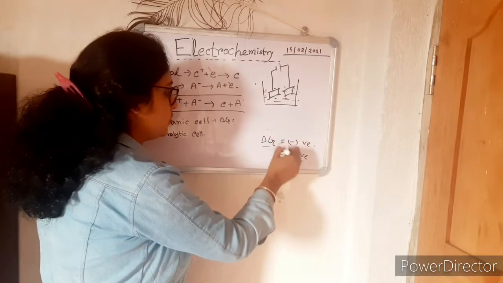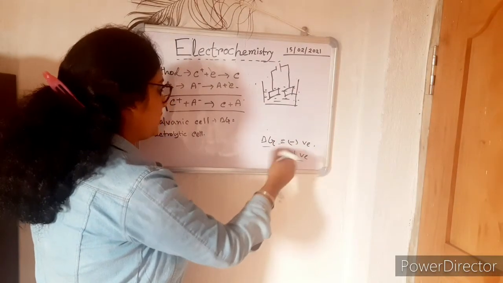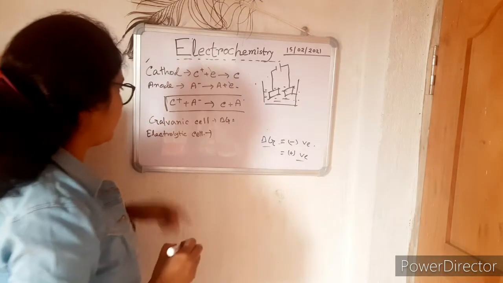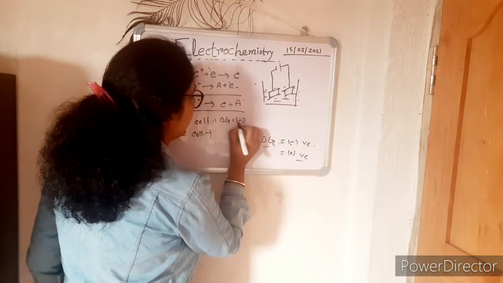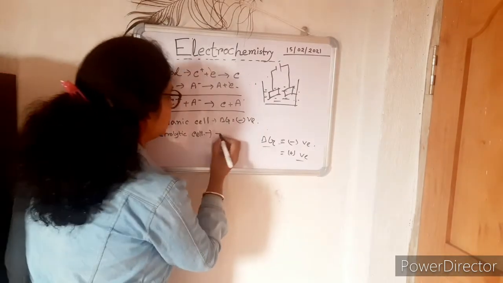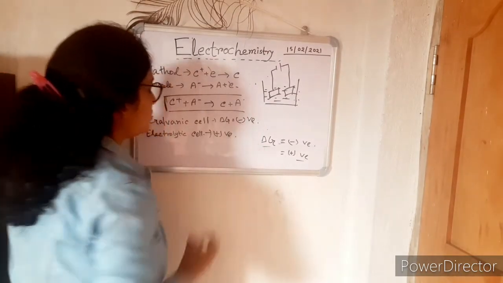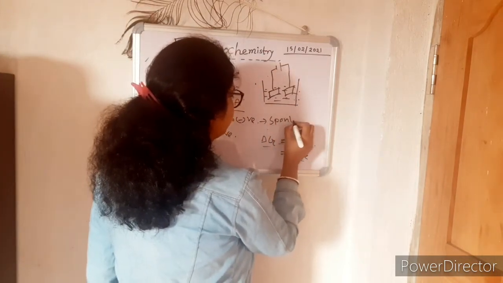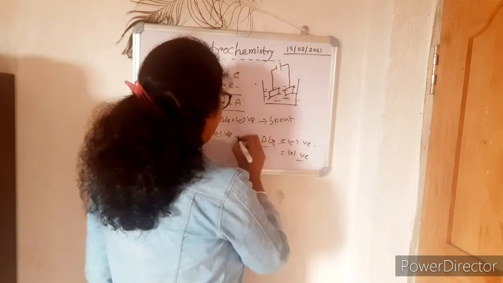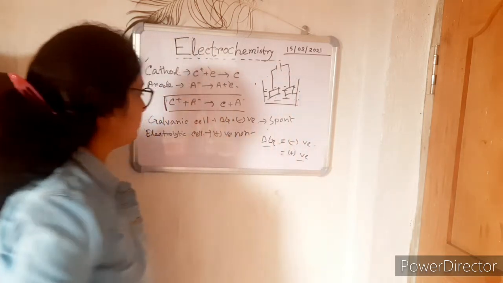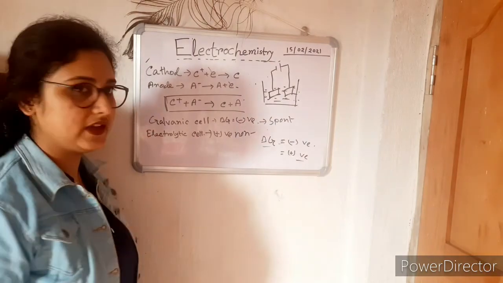In a galvanic cell, the del G value is negative, and in an electrolytic cell, the del G value is positive. So in the galvanic cell a spontaneous reaction takes place, and in the electrolytic cell the full cell reaction is non-spontaneous.